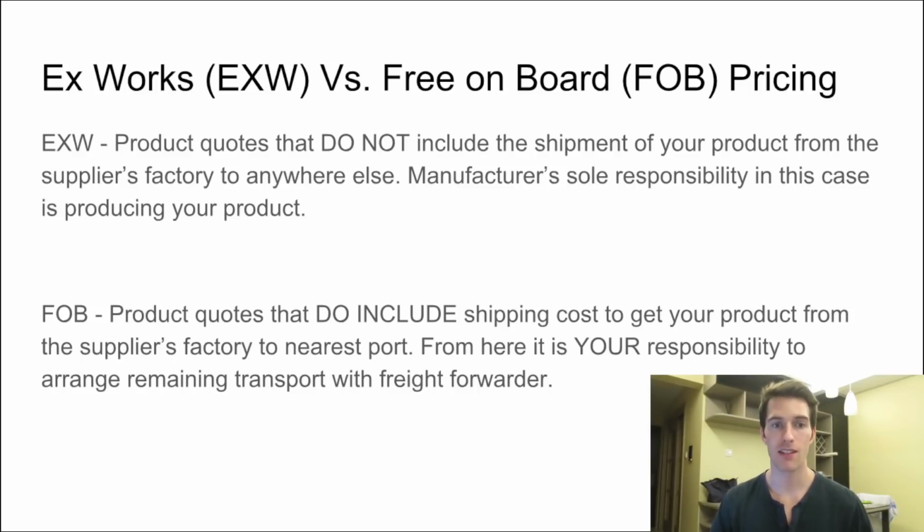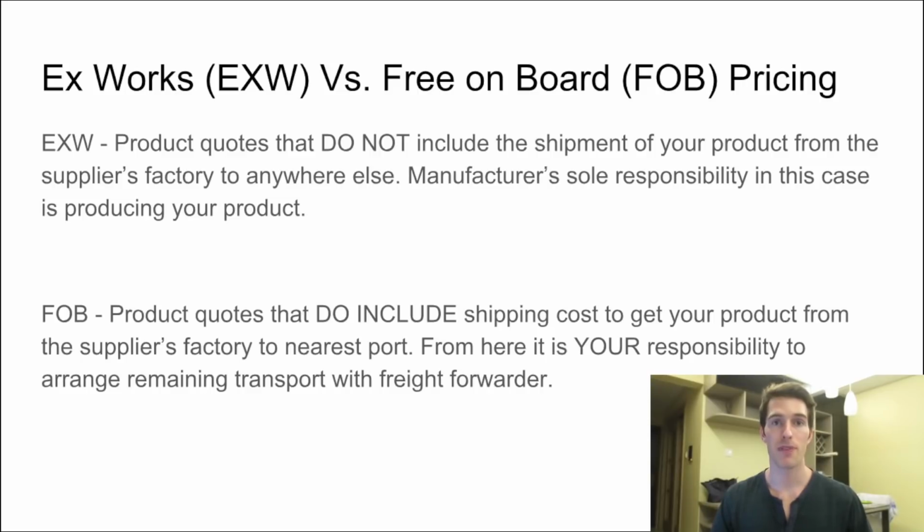Ex Works simply means that the price of the product does not include shipping to any location. So the price that you're paying is simply for the factory to produce the goods, and that's their only obligation. FOB, on the other hand, is the price of the product, but also includes the shipment from the factory to the port in the country.